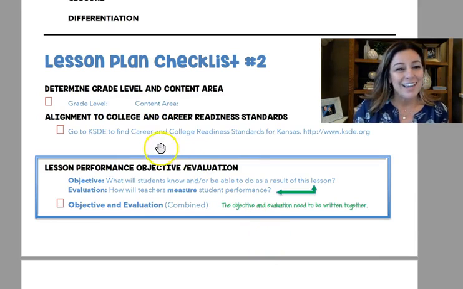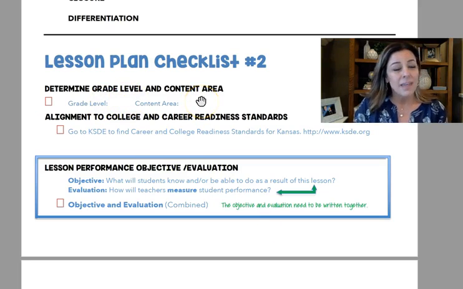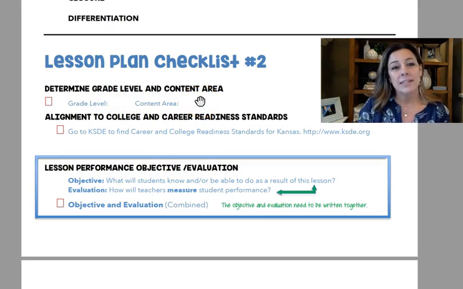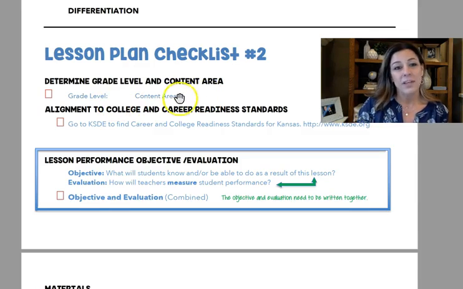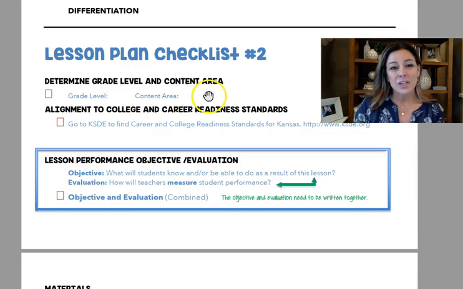And as we do that, I will start with determining the grade level and content area. And hopefully you took a look at the last video where we navigated KSDE and we took a look at how to look up your grade level and your content area to find your standard, and how to take a look at that standard and how to break down that standard and find that piece that you're ready to teach.